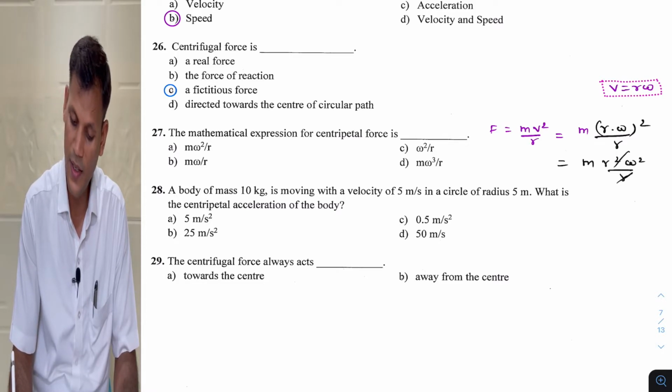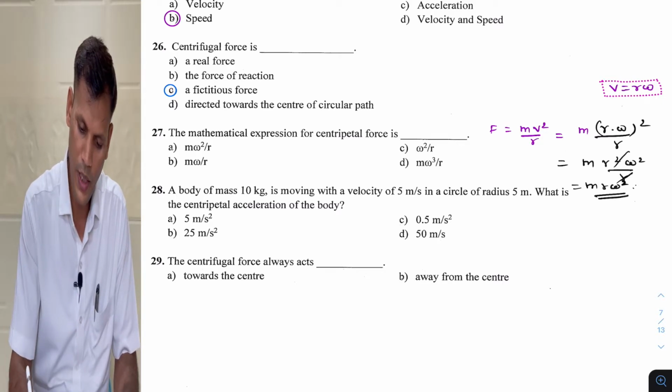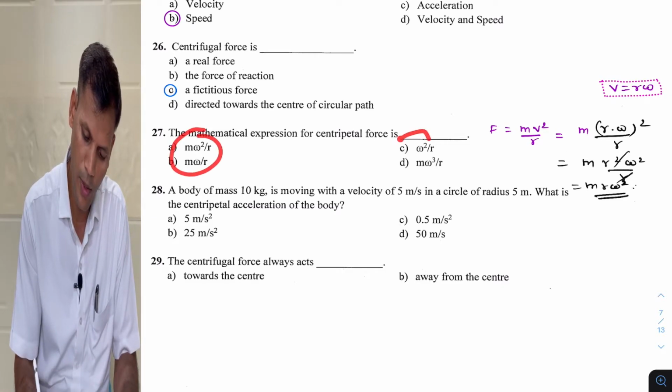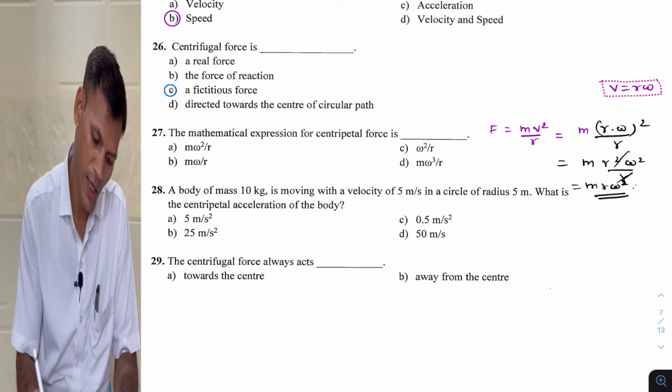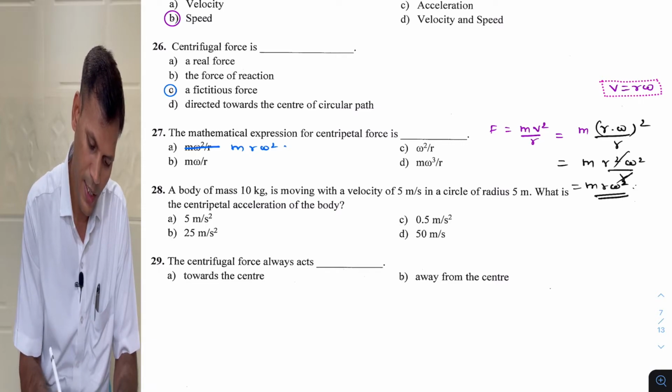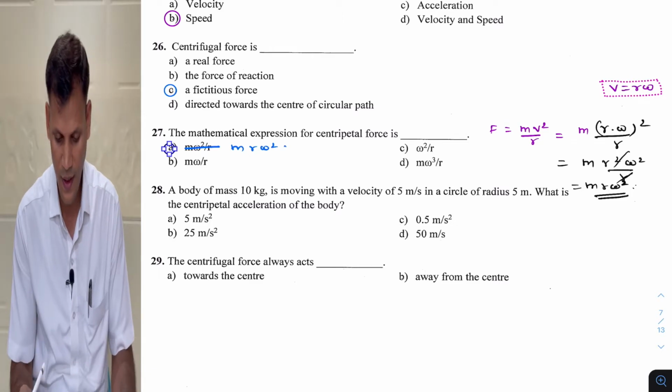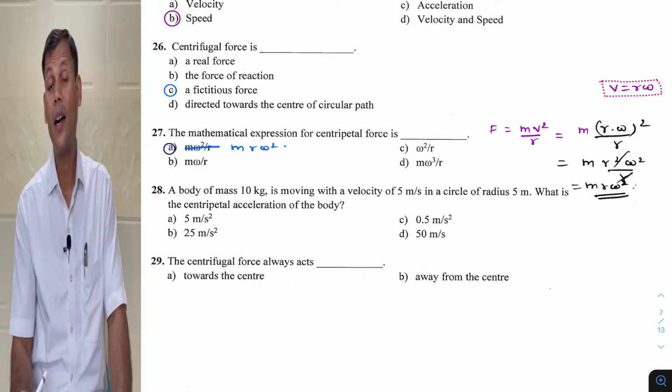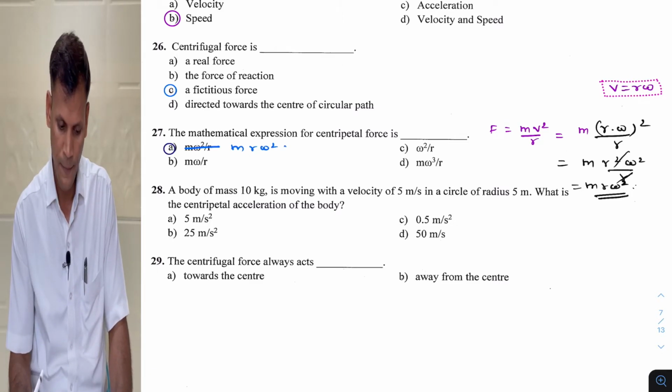Now r cancels, and we are getting m r omega square. But there is no such option, so we can write m r omega square. This is the expression for the centripetal force. Now this is the correct one, m r omega square.